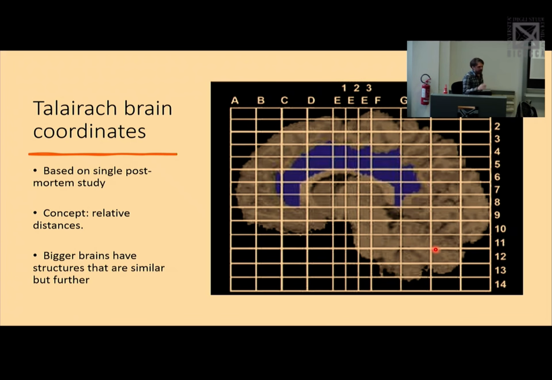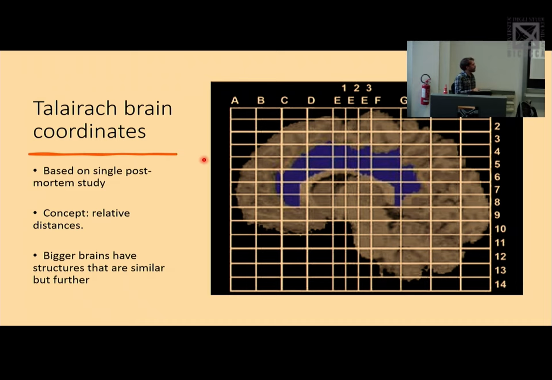So what did they do to say, okay, we have the same place in every brain? The first thing they did was Talairach brain coordinates. They were publishing atlases, actual paper atlases of the brain based on a single post-mortem study of a single brain.